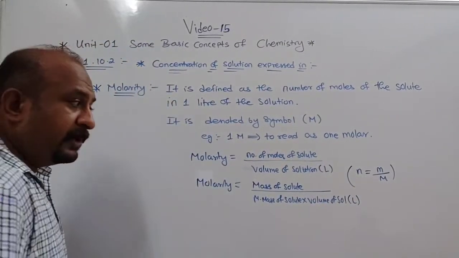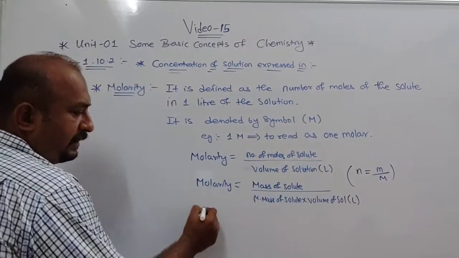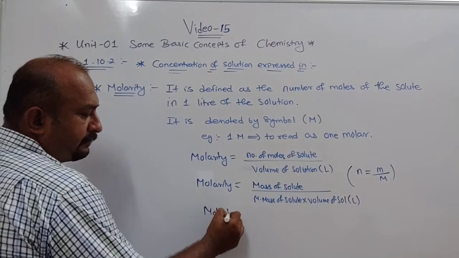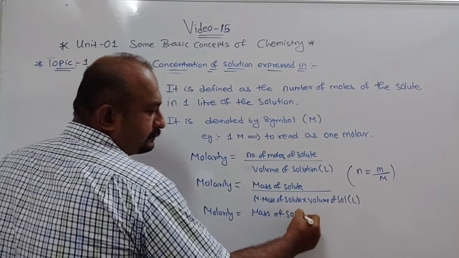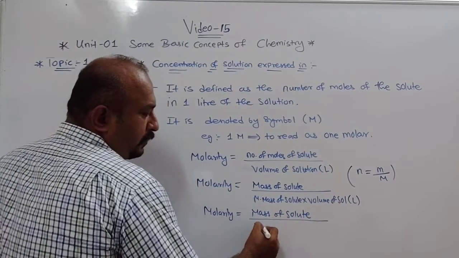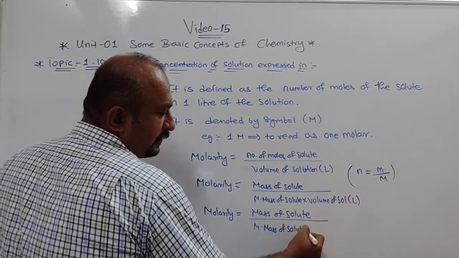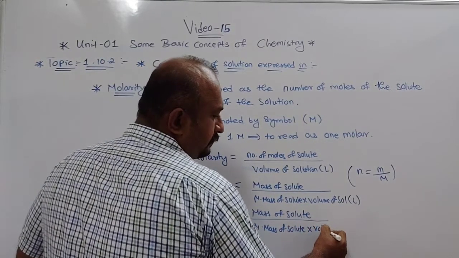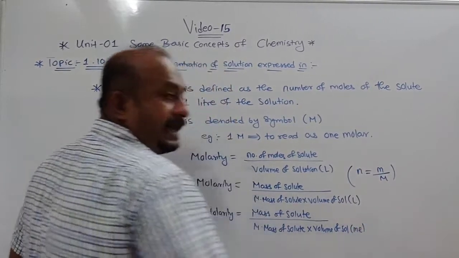Don't need to convert. But if the volume of solution is in ml, then another formula is there. That is molarity is equal to mass of solute upon molar mass of solute into volume of solution, where the volume is given in ml.